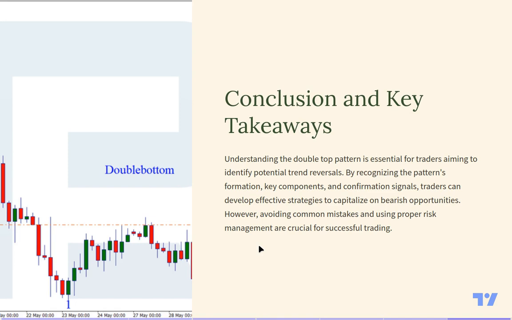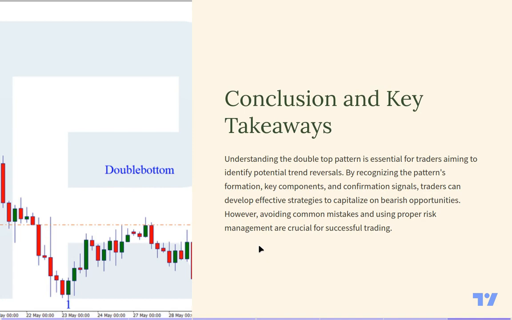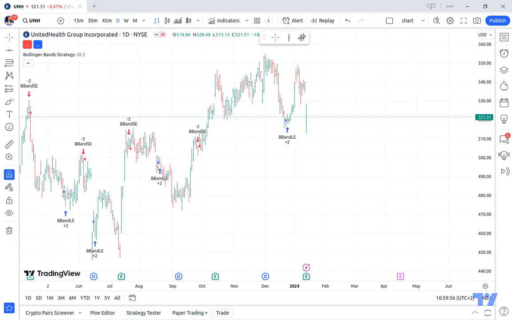So basically, the key of the double top is to find a bearish divergence. All right, so what that means is you expect it to continue crashing, but it doesn't crash. And now I'm going to show you an example of a double top pattern.